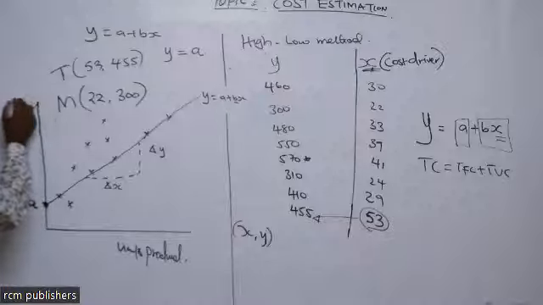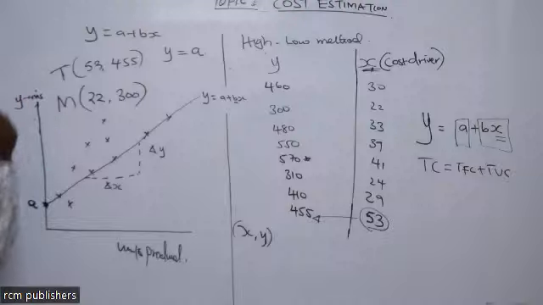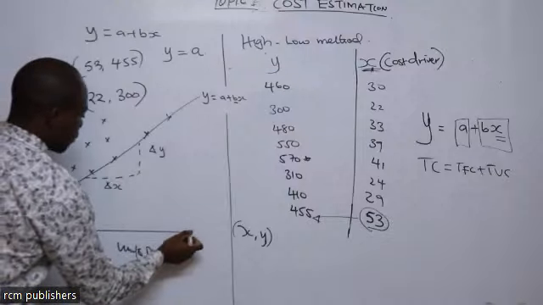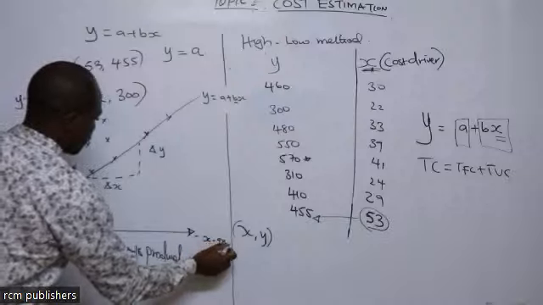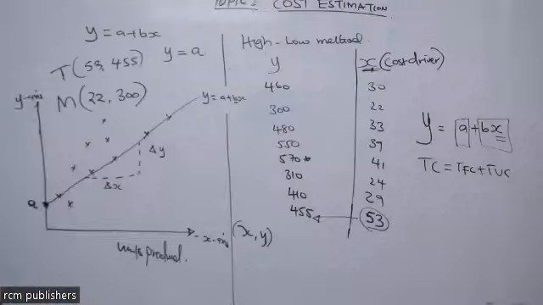When it crosses the y-axis, the point at which it crosses the y-axis is what we call the y-intercept. So here is what we have as y-intercept, where x is equal to 0.